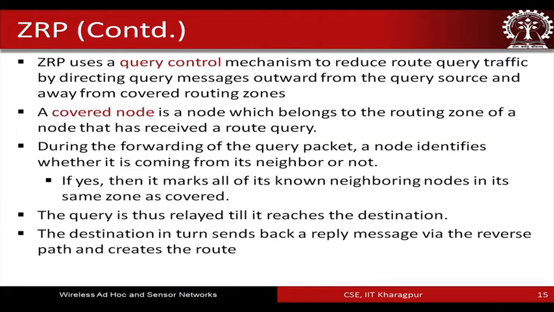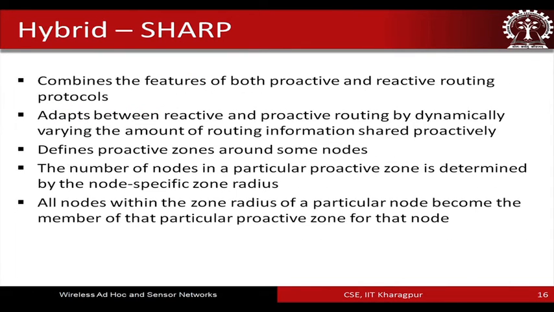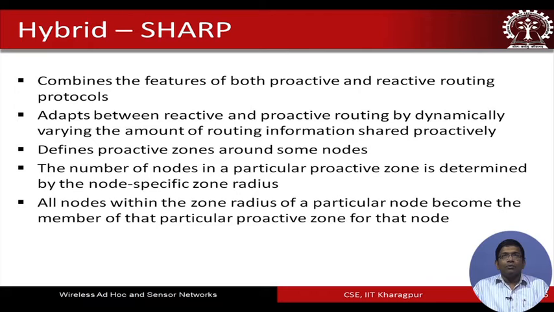Outside the zone, it is a reactive routing protocol, and a similar kind of mechanism is used in another hybrid routing protocol called the SHARP routing protocol, where both proactive and reactive routing features are adopted. Here also the concept of zone, like in the case of ZRP, comes into picture, but there is a difference.